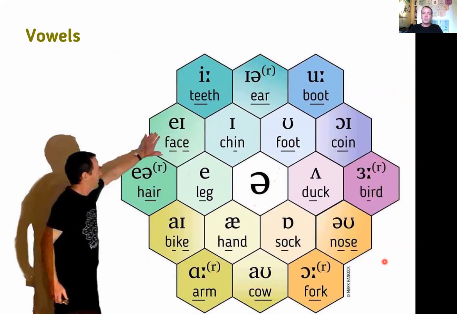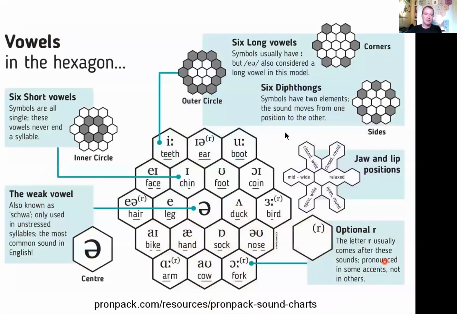So what I will do is explain how the vowels are arranged here in this hexagon, and talk a little bit about how they're articulated as well. So here's an infographic explaining how the vowels are arranged.